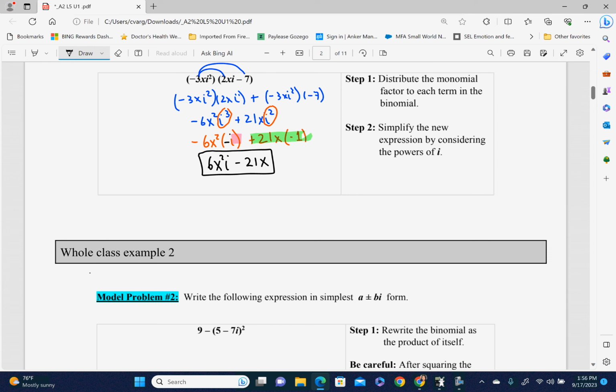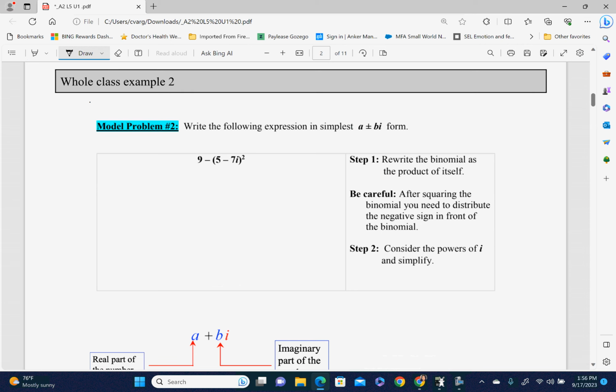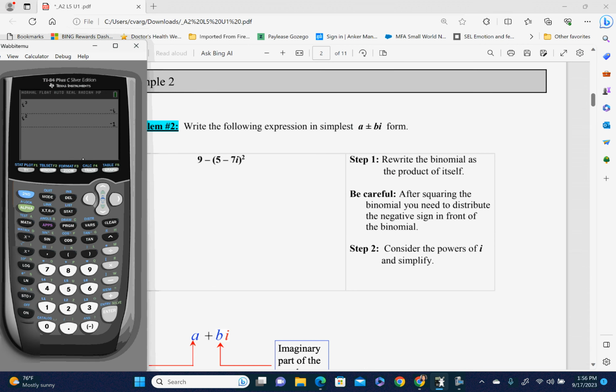You cannot put this into the calculator as is because it has these x's in it. Okay, so unless you store a number for x, it's going to give you something totally off. All right. This one here, though, on the other hand, does not have any x's. So low-key, you could literally just go 9 minus parentheses. See what I'm doing?